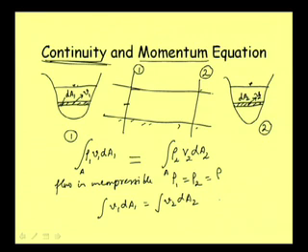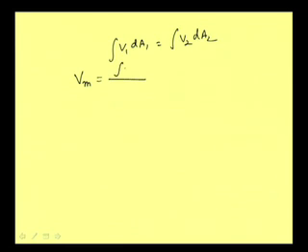Now, if we remember our earlier discussion, integration of V1 dA1 equals integration of V2 dA2. If we consider that at section 1 our mean velocity is Vm, then the expression for mean velocity we know: we integrate the individual velocity at a particular section, which gives the total discharge through this section, divided by the total sectional area A1, and this is our mean velocity.